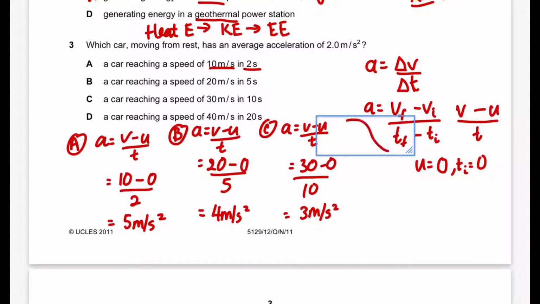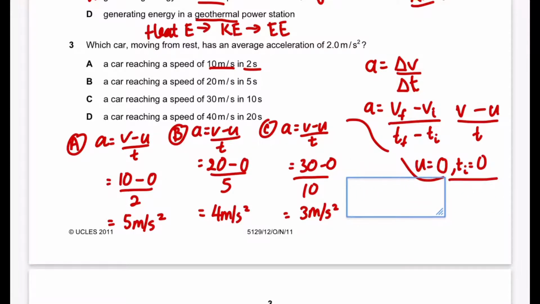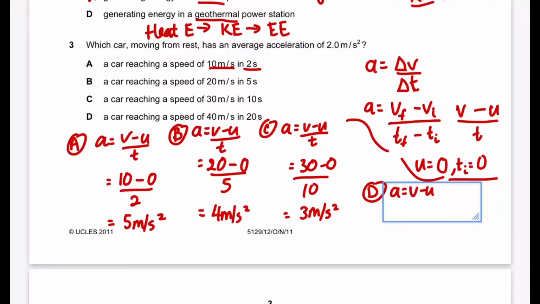And on to option D. Let me make a border first because there's no space anymore. A is equal to V minus U divided by T. Sorry about that.